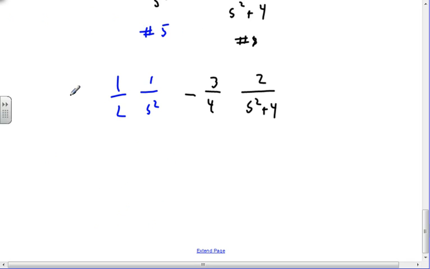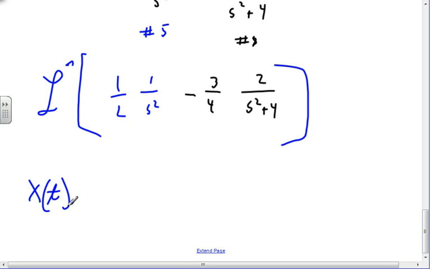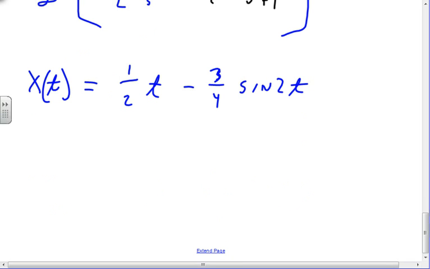Alright, so now I can do an inverse Laplace transform and come up with x of t is equal to 1/2 t minus 3/4 sine 2t. Okay, before we continue, we're going to look at our initial conditions. X of 0 is supposed to be 0, and it is.